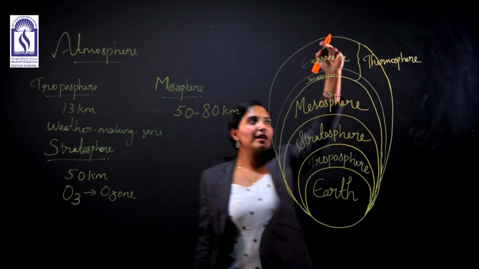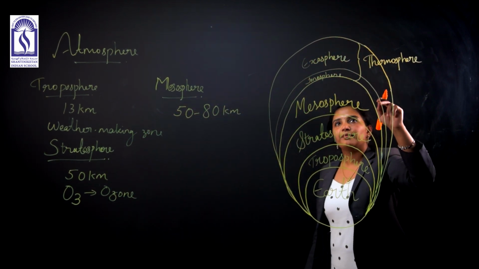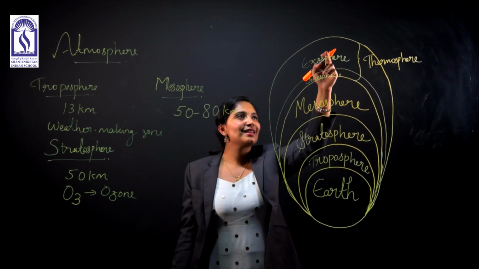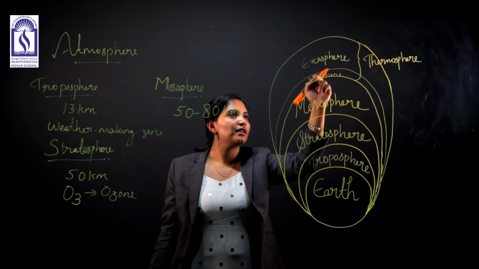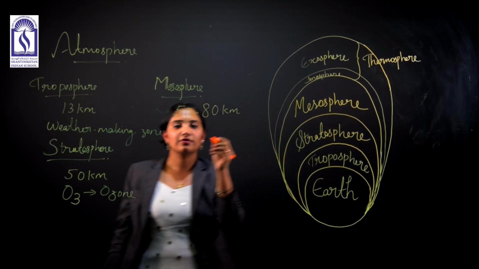And the last layer of atmosphere is the thermosphere, and as you can see in this diagram, thermosphere is divided into two layers, that is ionosphere and exosphere.